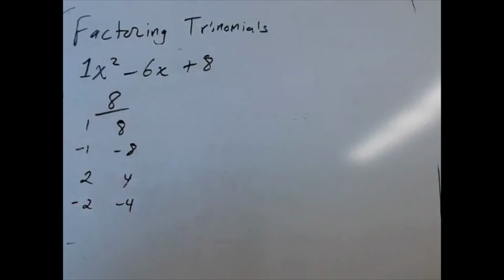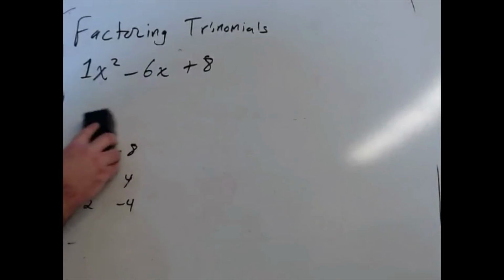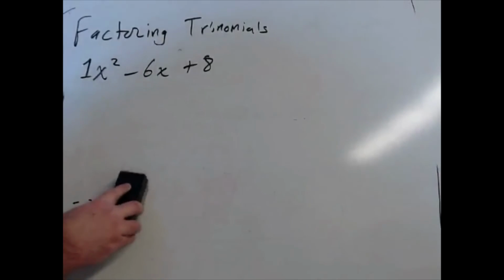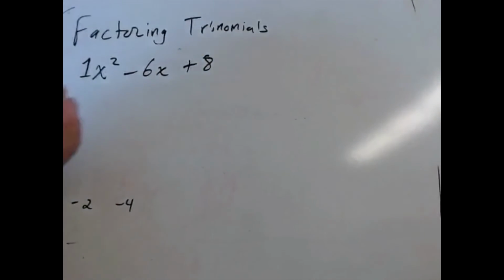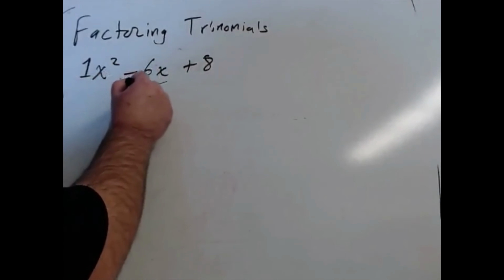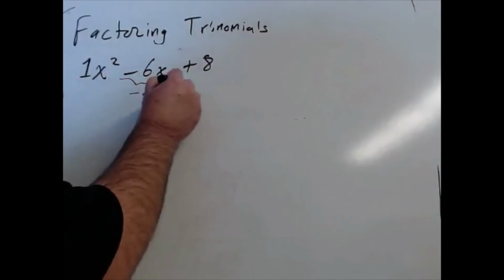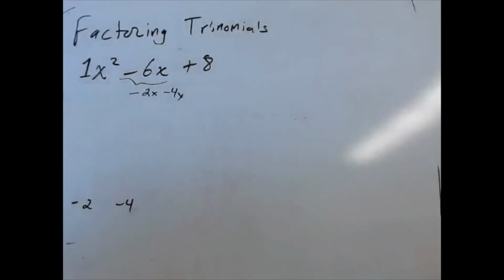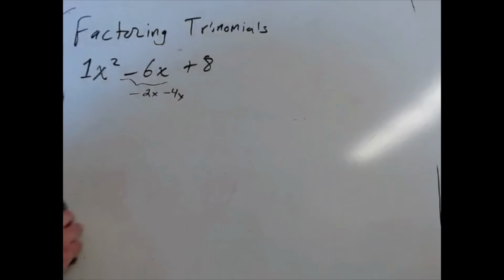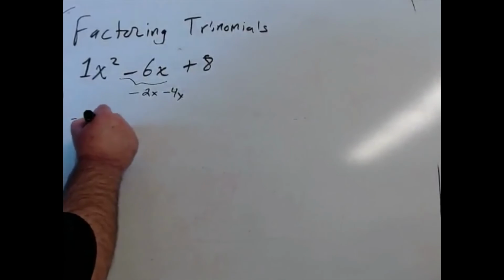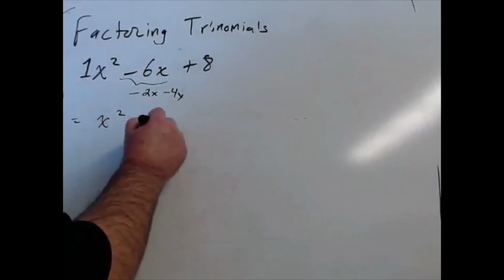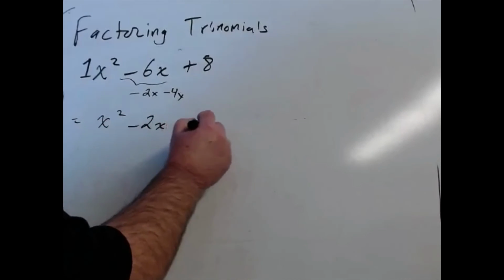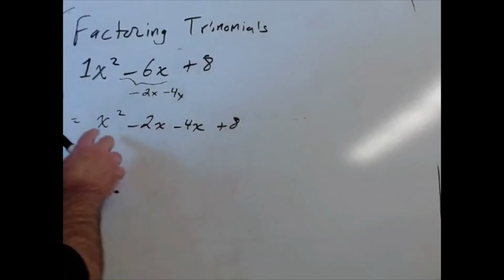So what I'm going to do is change the negative 6x into negative 2x minus 4x. Okay? So, similar process as before. I leave my x squared here, minus 2x minus 4x plus 8, and I've got 1, 2, 3, 4 terms.